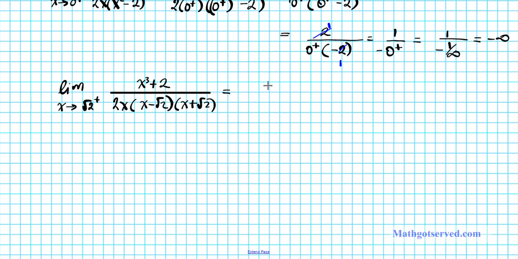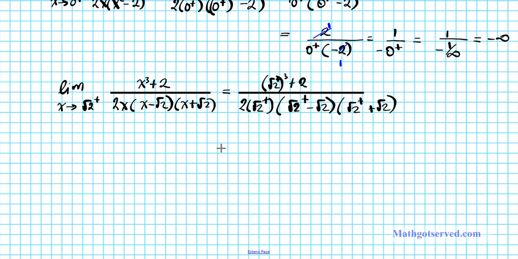We're going to have root 2 to the third plus 2. Alright, we're just going to substitute and evaluate over 2 times root 2 from the right. Alright, so let's put it right here. Really close to root 2 from the right times root 2 from the right minus root 2 times root 2 from the right plus root 2.